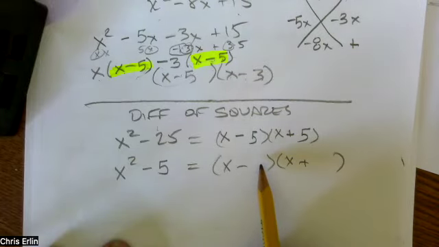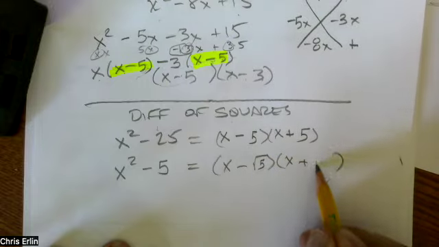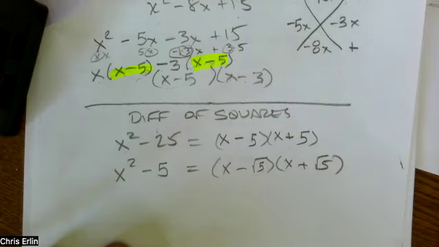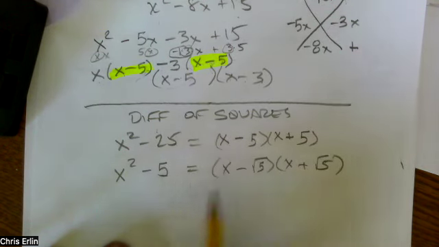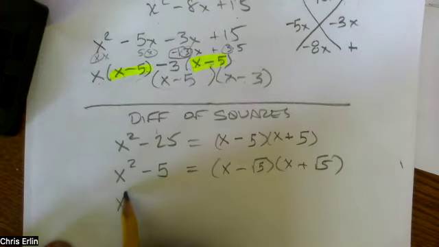And what goes here? Square root of 5. Doesn't that work? It does. There'll be times when you want that answer. There'll be times when you don't want to go that far. You want to leave it like this. But you should recognize this relationship. In fact, we can even take it one step further.